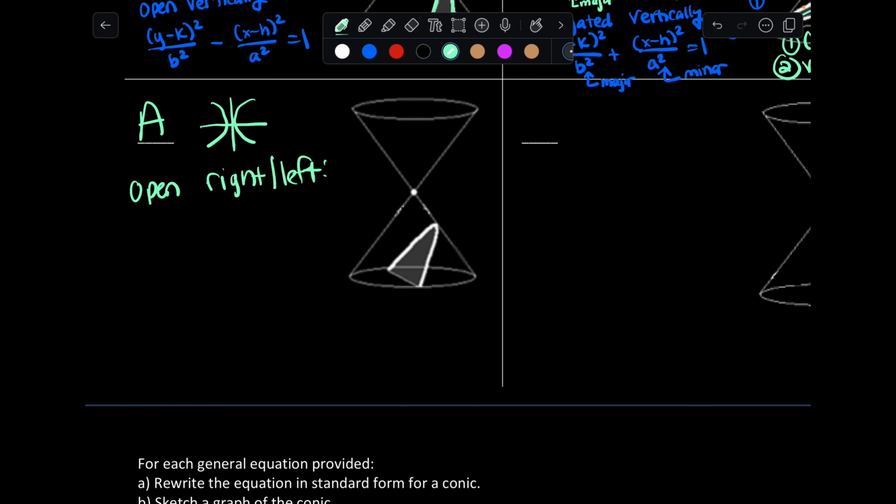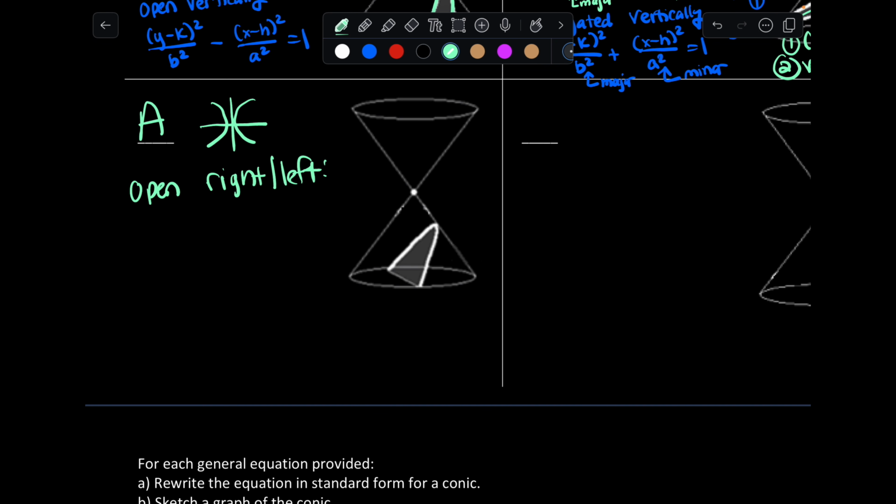This should be the one that is less familiar to you, because in Algebra 2 you deal with a lot of functions. This is not a function. We would have to chop half of it off in order for it to be a function and then use those attributes and explore. But in the case of conics, it exists left to right and up and down.